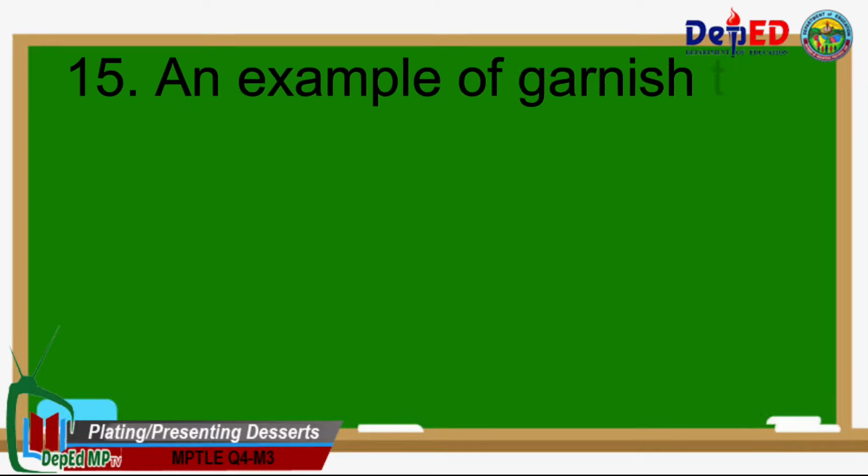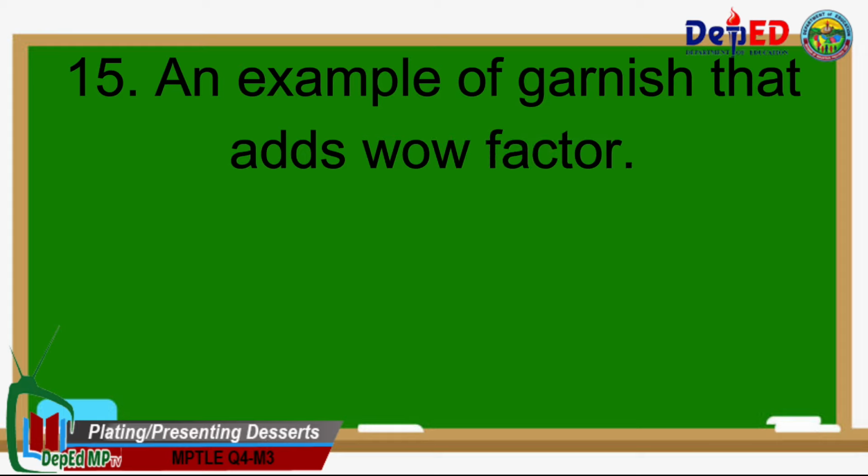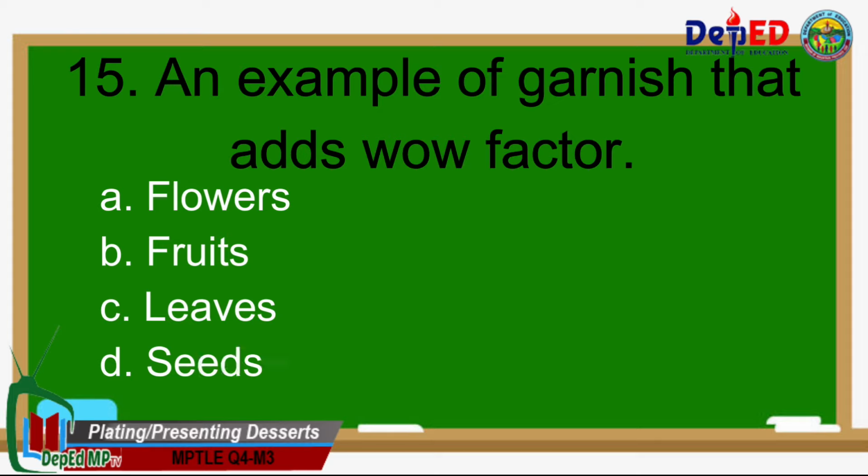Last number. An example of garnish that adds wow factor. Letter A. Flowers. Letter B. Fruits. Letter C. Leaves. And letter D. Seeds. The correct answer is letter B.